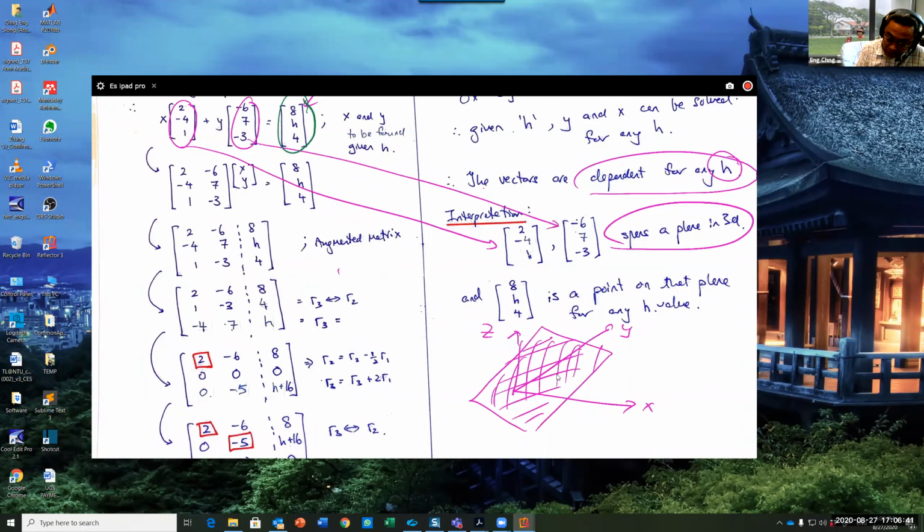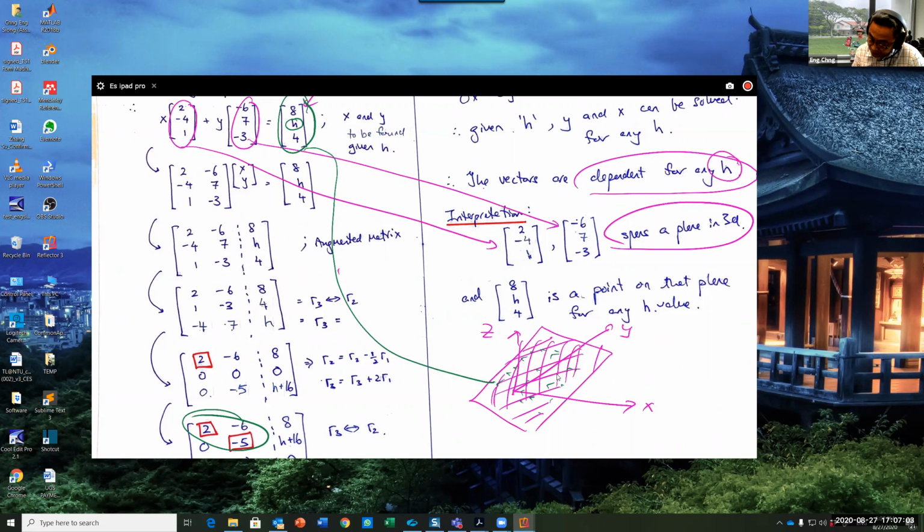Actually, regardless of the value of H, he is sitting on the plane. Different H gives you a different point on the plane, but he is still there. And that is why we can find two pivots to solve this equation.